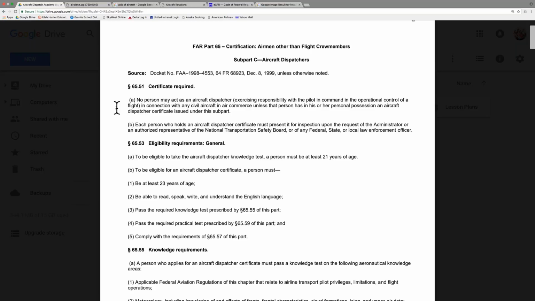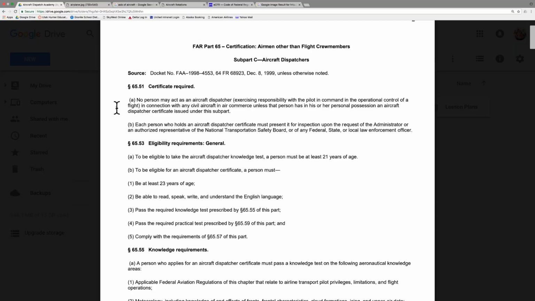He'll go through and ask you questions like, what are the three sole responsibilities of a dispatcher? What are the three joint responsibilities between the dispatcher and the pilot in command, and things like that. He just wants to see your understanding of your role as a dispatcher, and he wants to know that you understand the basics of dispatching.